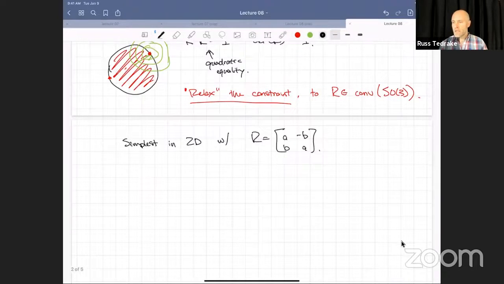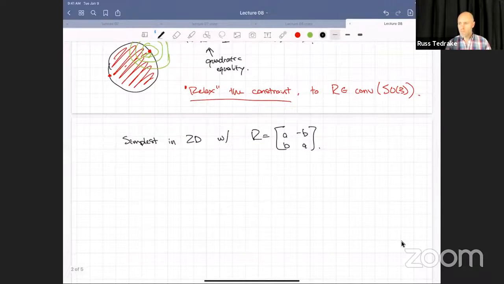So that's good. R transpose R equals identity and determinant of R equals +1 both give me the same constraint: A squared plus B squared equals 1.